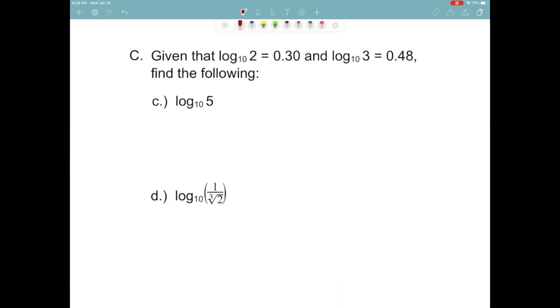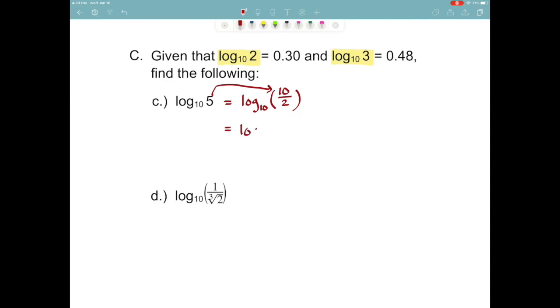Letter C, we're given the same two expressions here, log base 10 of 2 and log base 10 of 3, and the values they equal. Sometimes you'll get numbers like 5, and you wonder how to multiply 2 and 3 to get 5. Well, remember this time we can also still use the 10 again. I know that log base 10 of 5 could be rewritten as log base 10 of 10 divided by 2, because 5 is the same thing as 10 divided by 2.